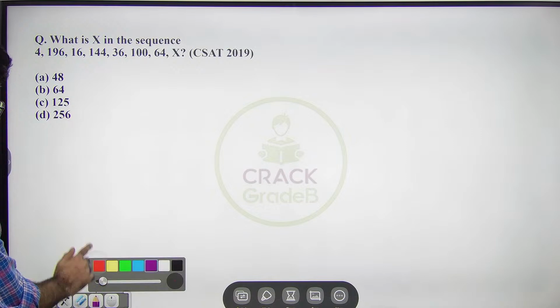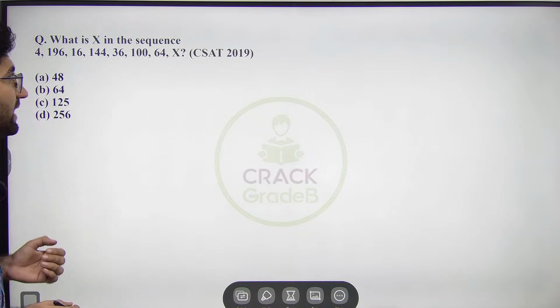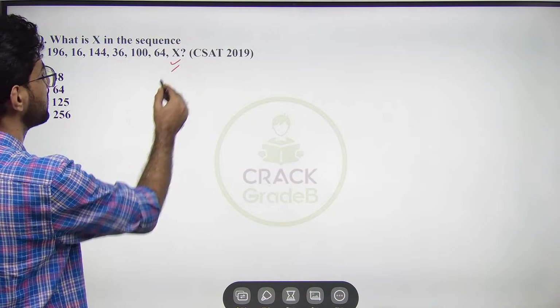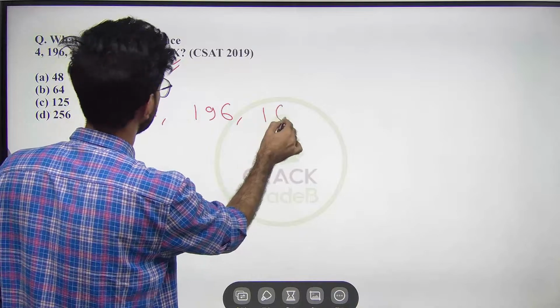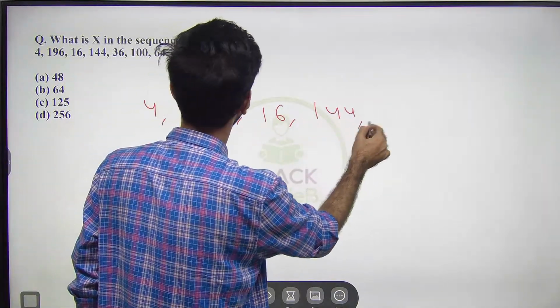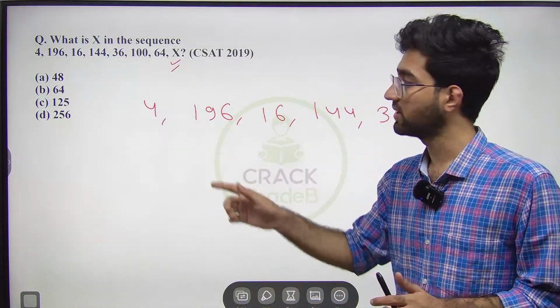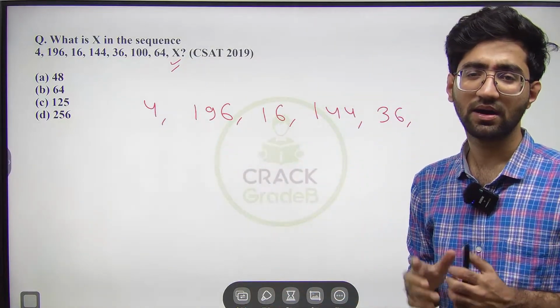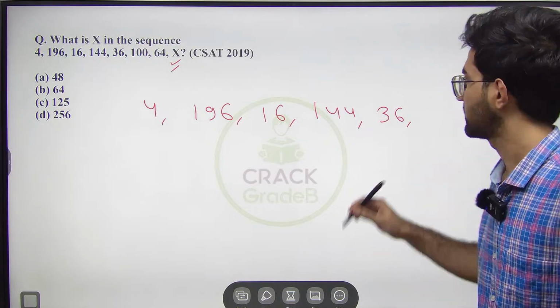Now let us look at this question. 4, 196, 16, 144, 36, 100, 64 and x. We have to find the value of x. Let us write all the numbers. If you look at the numbers, you should be able to think that all of these numbers are a square of some numbers, a square of natural numbers, right?